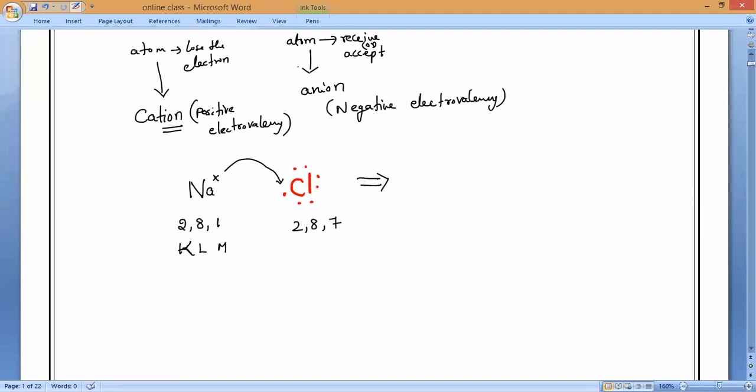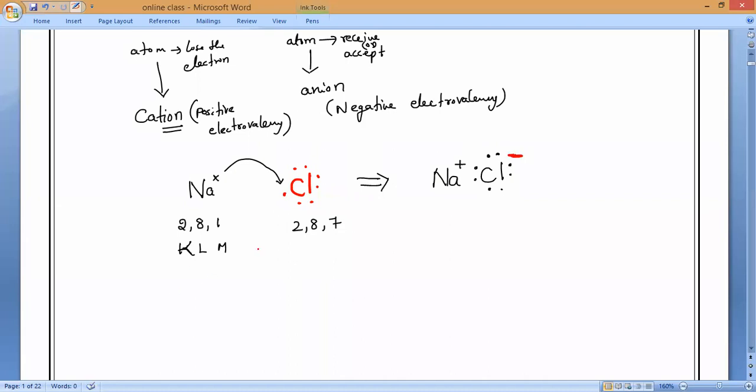So it will turn into Na plus, and Cl will turn into Cl minus. It will gain the electron and turn into minus. That is what you have to remember. So this is the formation of sodium chloride.